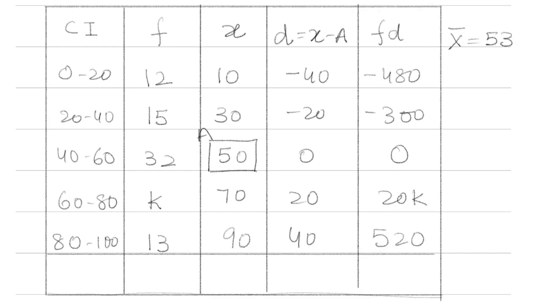Now here we have sum of frequencies as 72 plus K, and here we can find out sum of frequency into deviation values. So this would be 20K, 480 plus 300 is 780, 780 minus 520, so minus 260.